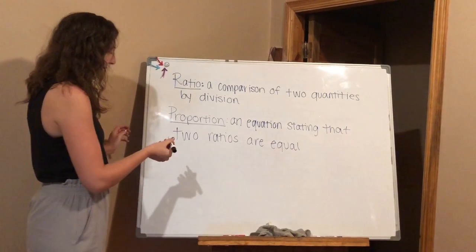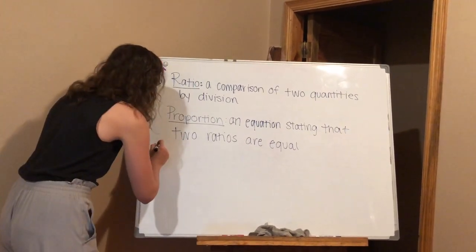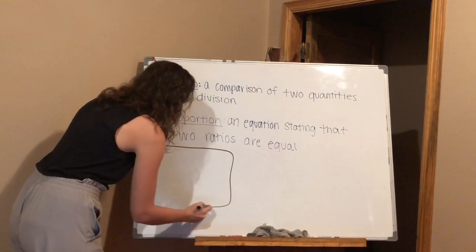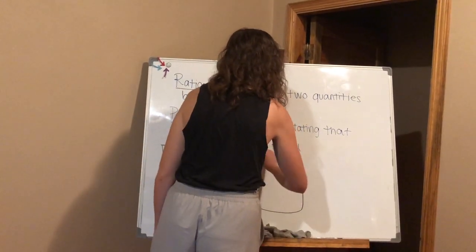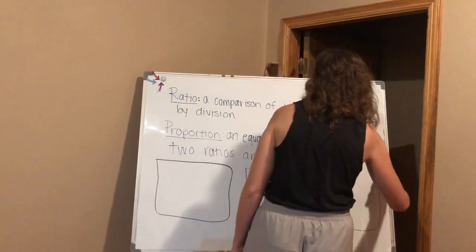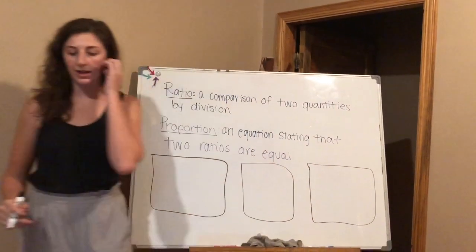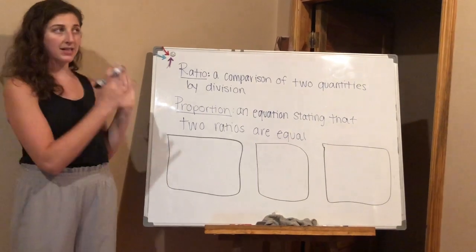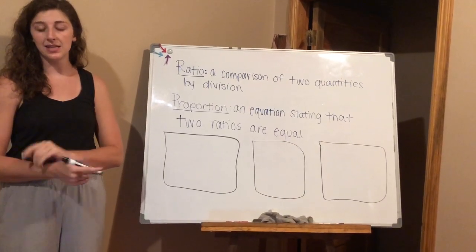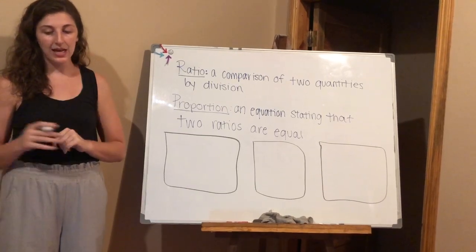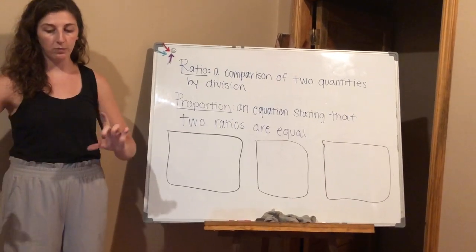Then we are going to talk about how you can express or write ratios. We have 3 ways that we can do that. The first box on your left says written form. Those are going to be in sentences, like that last sentence that you wrote down.